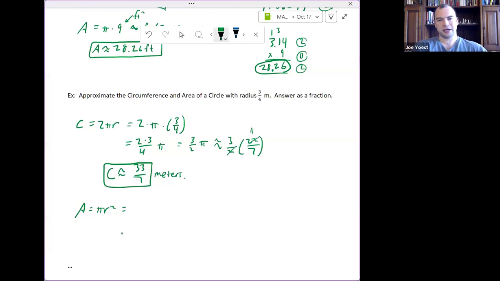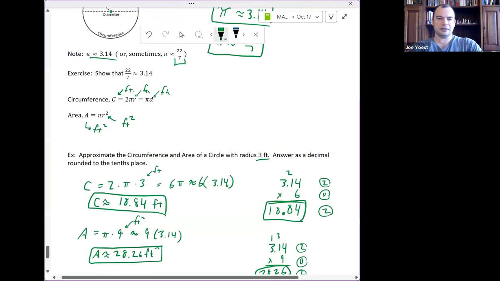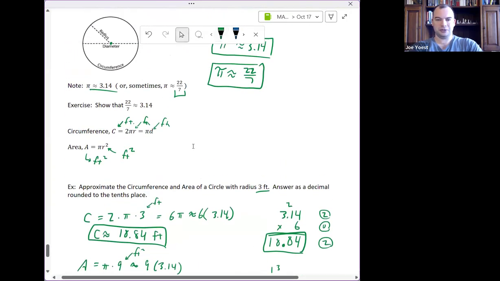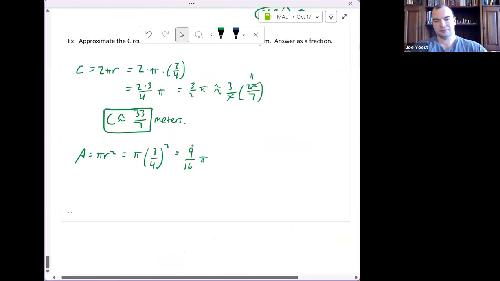And what's my area? My area is pi r squared, or that's pi times 3/4 squared, or pi times 3/4 times 3/4. That is 9/16 pi. But again, pi is approximately 22/7 as a fraction.